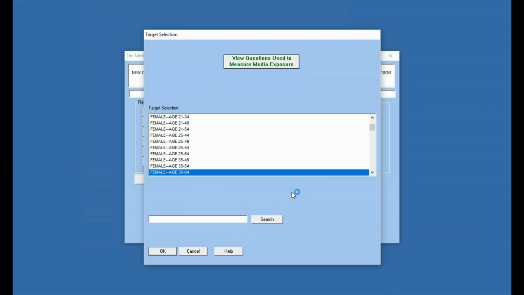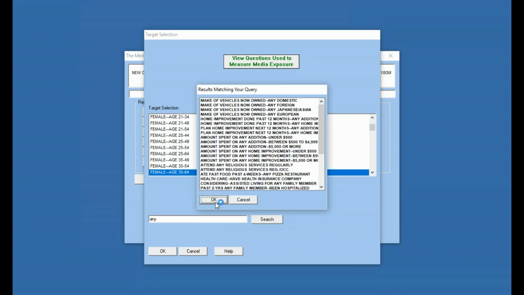There are so many different ways in the media audit to profile a client, but this is probably my favorite to start with. If you click on this, it's one of those reports where you have an option to either profile a media or target. So let's go ahead and profile someone who's looking at some home improvements.